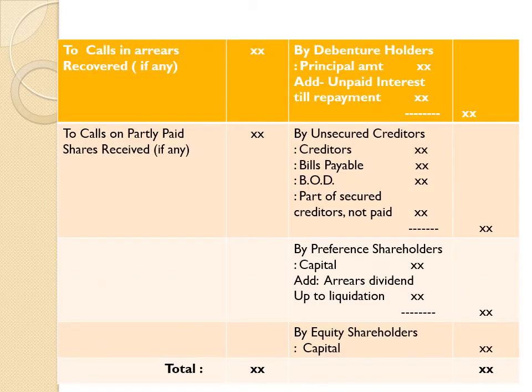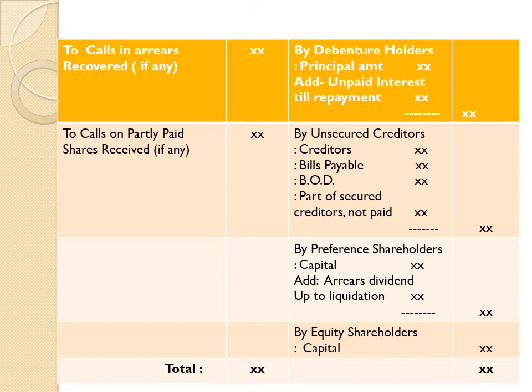We are also looking again at the receipt side. These two items are recorded under receipts, namely calls in arrears recovered if any, and calls on partly paid shares received if any.